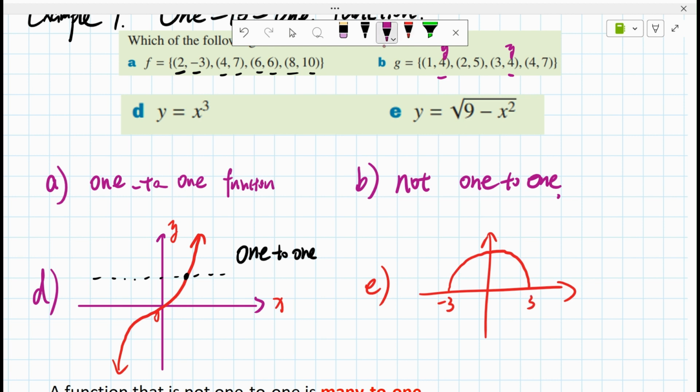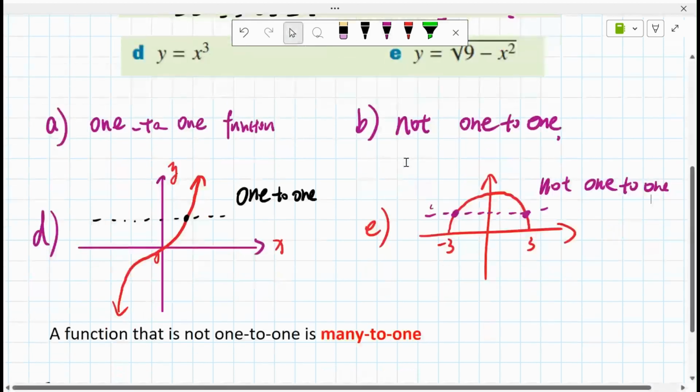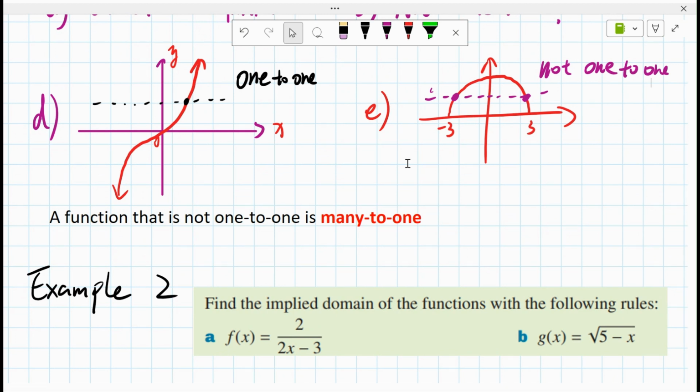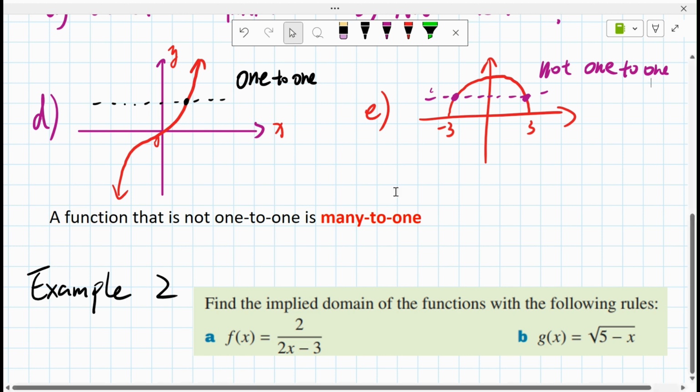So if I cross the horizontal line test, there's two points, which is not a one-to-one function. There you go. So the function that is not one-to-one is many-to-one, pretty much.